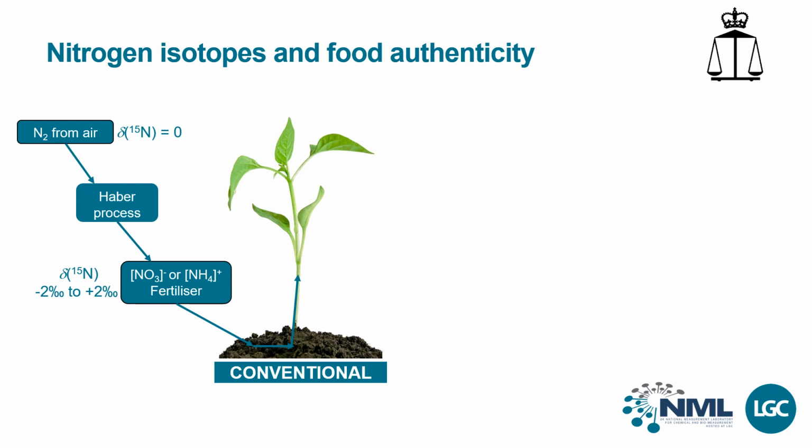Conventional farming uses fertilizers containing ammonium or nitrate as nitrogen sources. Here, the nitrogen is derived from atmospheric nitrogen. Atmospheric nitrogen has a delta value of 0 by international definition, and nitrogen in fertilizers is close to this.